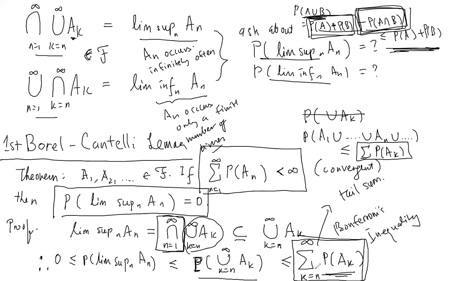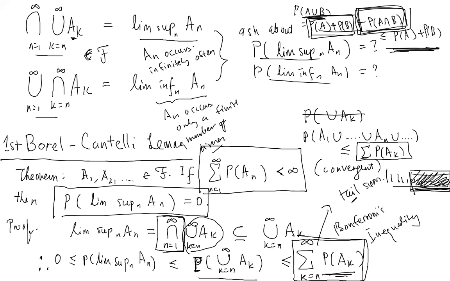The point is that this is adding towards the tail. If you have a bunch of probabilities like these, you're adding the tails here.